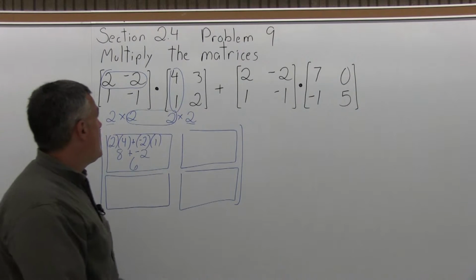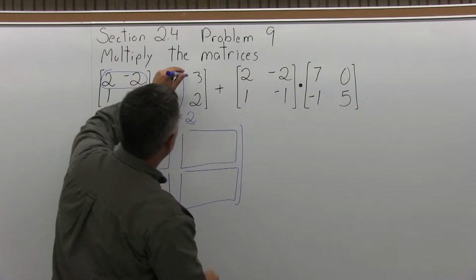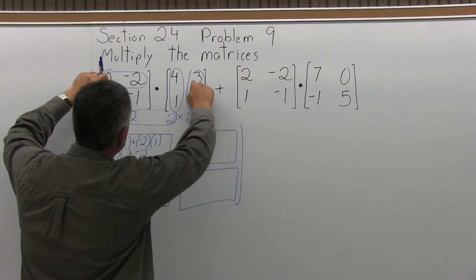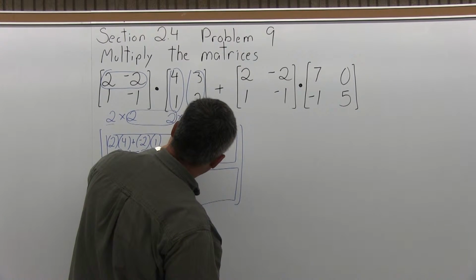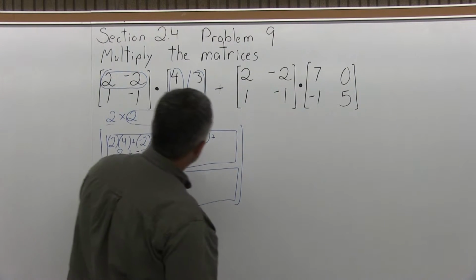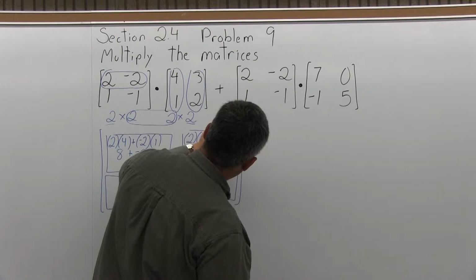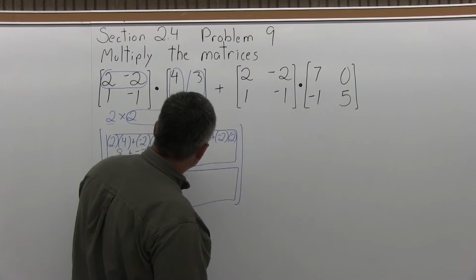So next, I'll multiply the top row of the first matrix, 2, -2, times the second column of the second matrix, which is 3, 2. So first times first is 2 times 3. Plus second times second is -2 times +2. And first times first, 2 times 3 is 6.